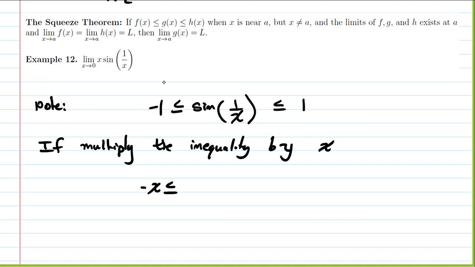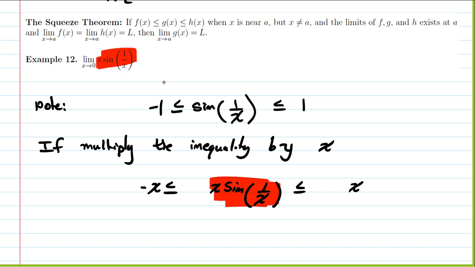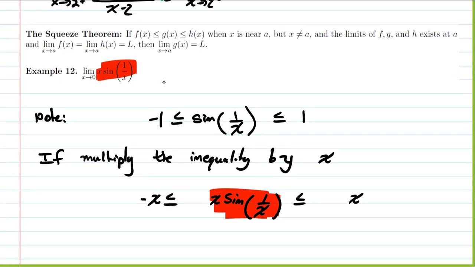Negative x is less than or equal to x times the sine of 1 over x, which is less than or equal to x. Well, this function that we have right here is exactly the function we're trying to calculate the limit of, right? So that is going to be our g of x, right? Because g is trapped in between two functions.